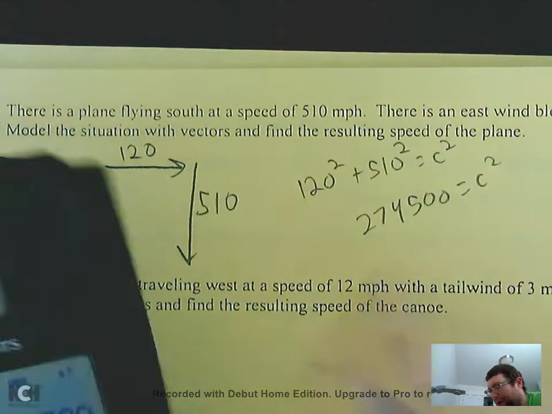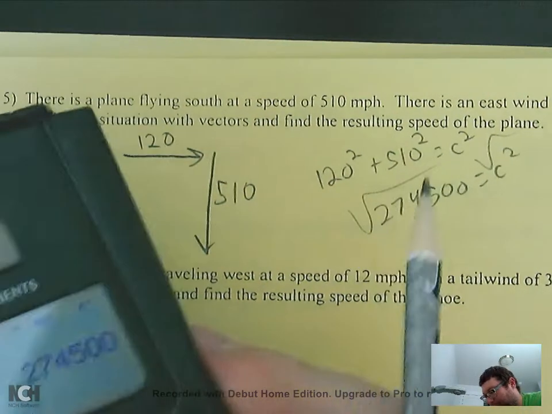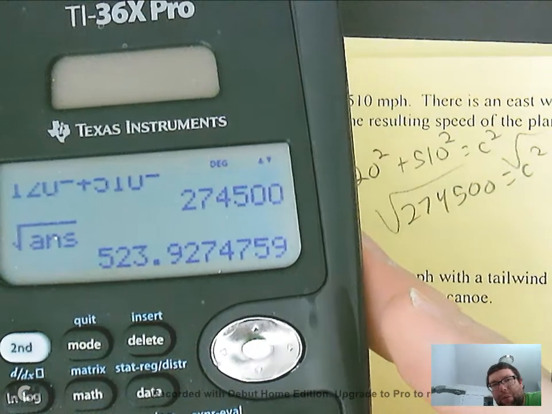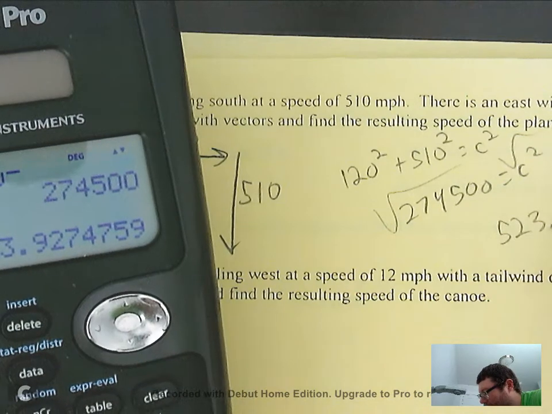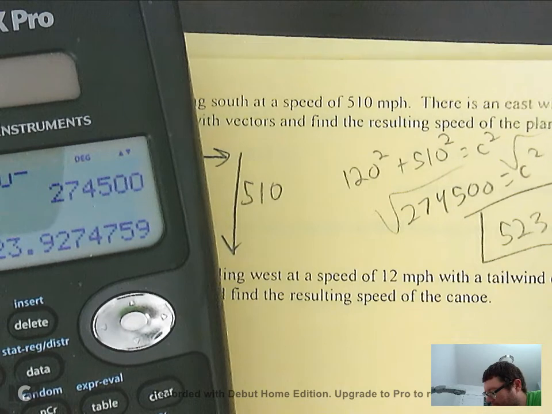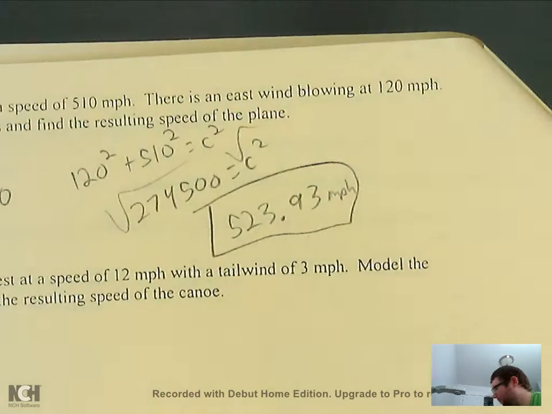But then I want that square root, right? I want to square root both of those. So the square root of that answer is 523.927. So 523.93 would be my answer, miles per hour. Okay. Not too tough.